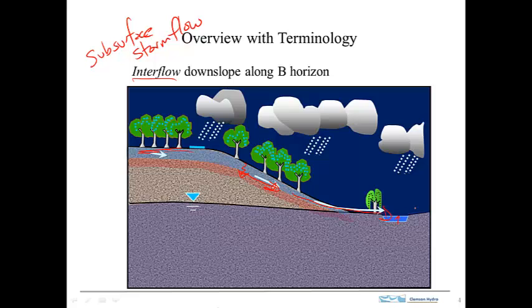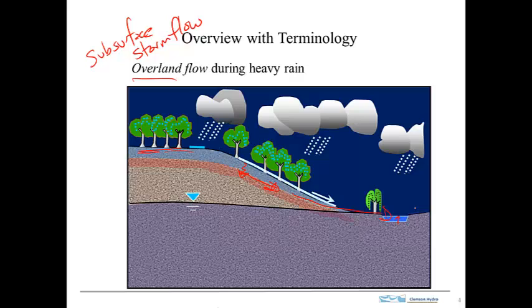Now, with continued rain, the saturation in the soil increases, and at some point the saturation at the ground surface will be complete. The soil will be saturated, and in that case the water will run across the surface of the soil. It'll run downslope, and it'll flow much more rapidly than it did when interflow was taking place.